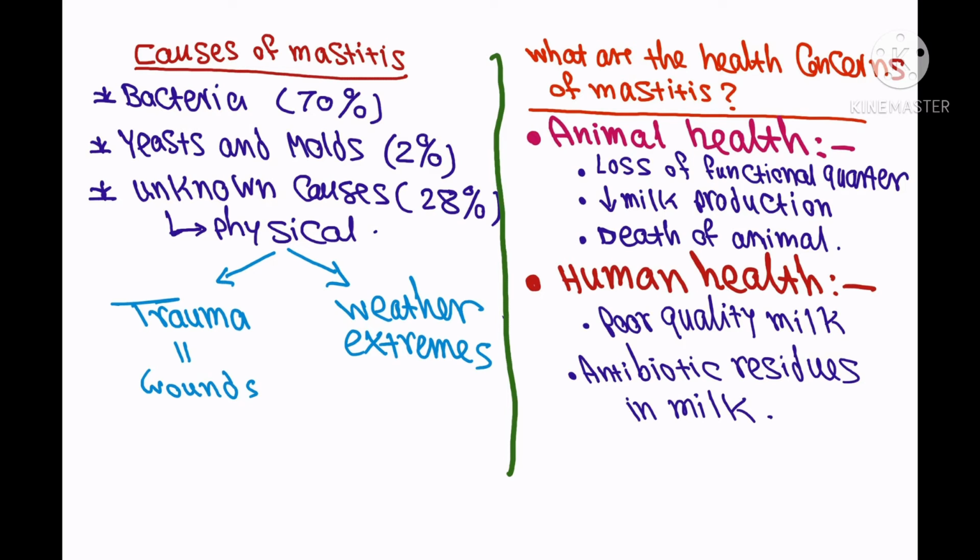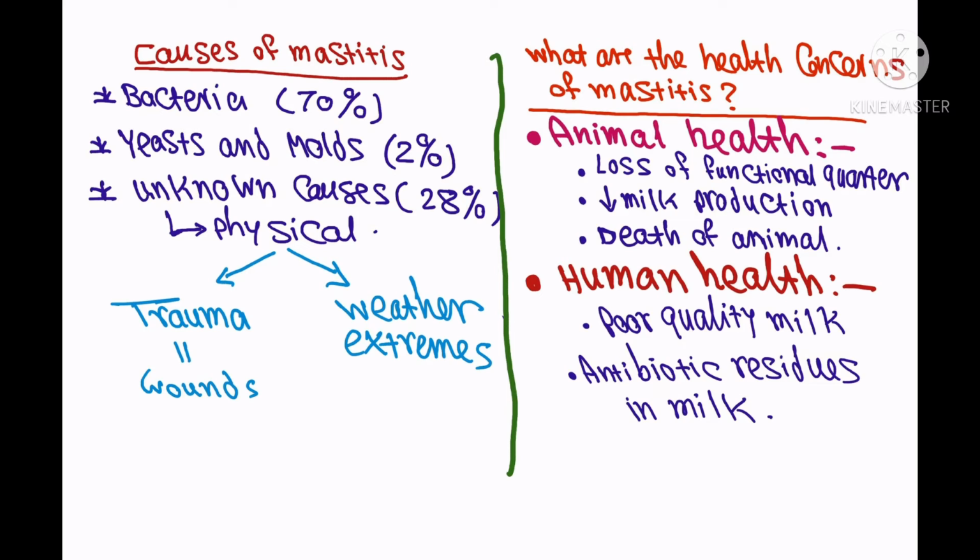Mastitis, inflammation of the udder, affects animal health and human health. Inflammation of the functional unit affects animal health, reducing milk production, causing loss of a functional quarter, and may lead to death of the animal, especially in cases of coliform mastitis.